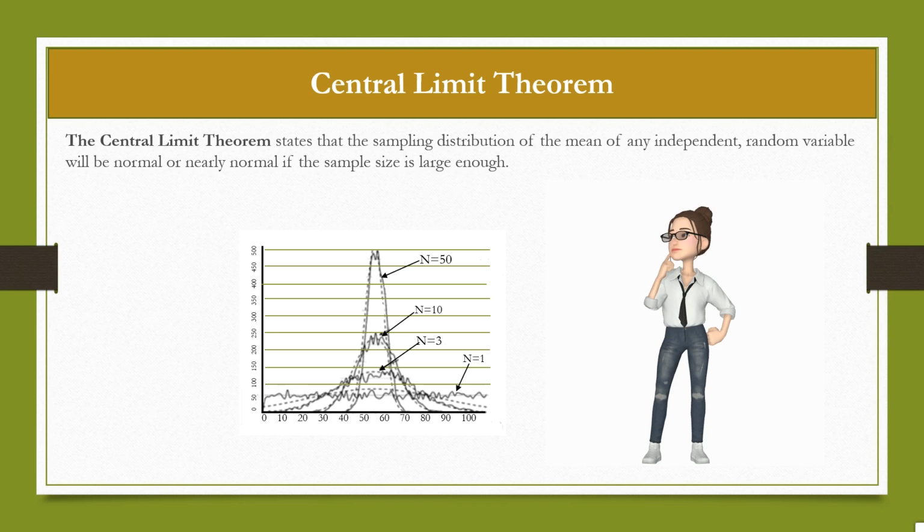Now the accuracy of the resemblance to the normal distribution depends on two main factors. The first is the number of sample points that you consider, and the second is the shape of the underlying population. The shape depends on the standard deviation and the mean of the sample.